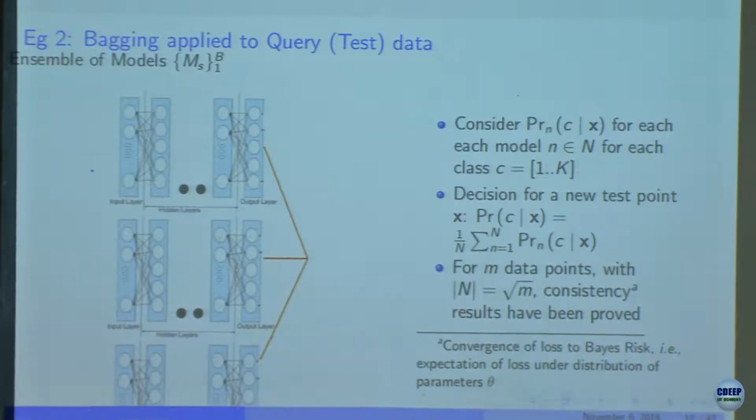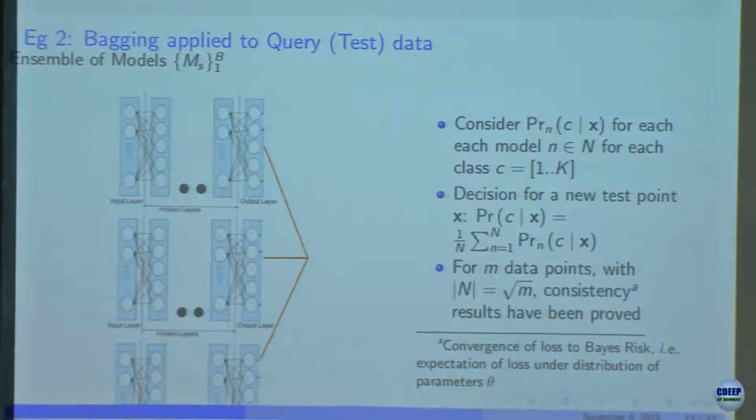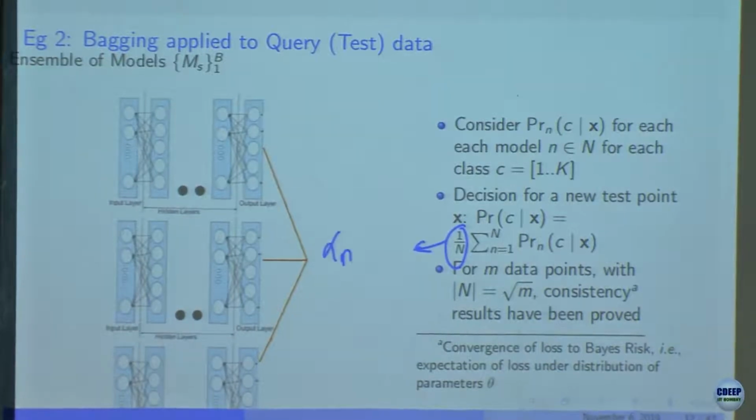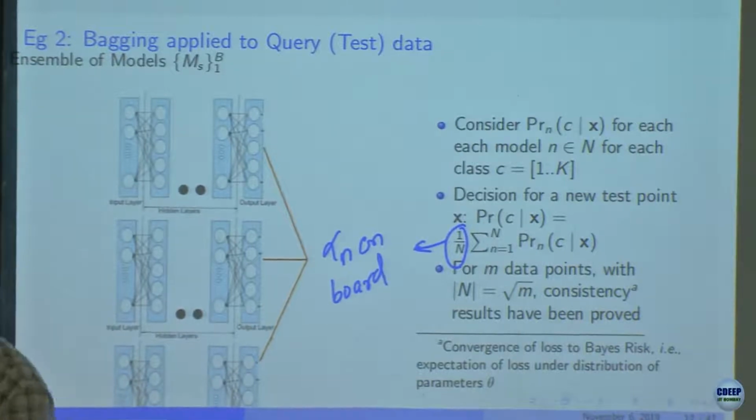So you can simply take a 1 upon n average, and if you are taking a uniform weighted average, alpha n is just 1 upon n.